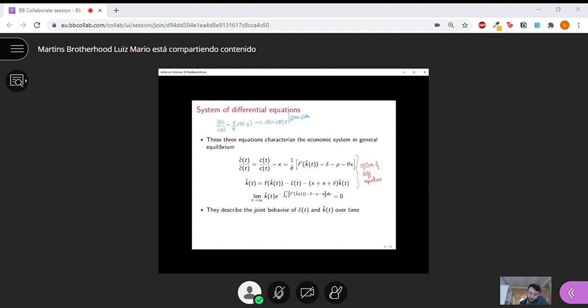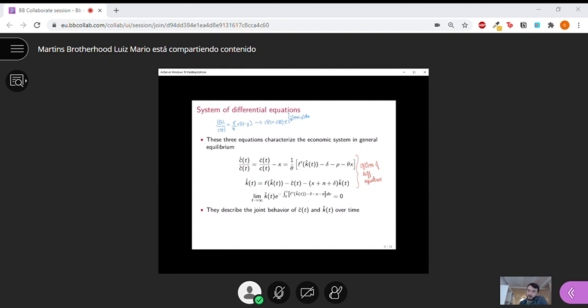But the thing is that we don't know how to solve this. This is not a linear differential equation with coefficient variables, for example, which is the type of equation that we know how to solve. Because we have k hat dot here, and we have a function of k hat.